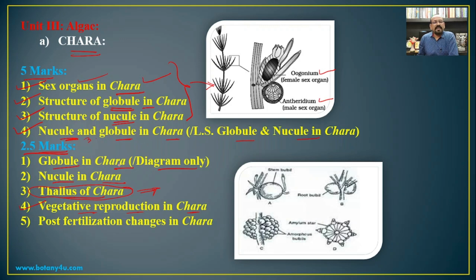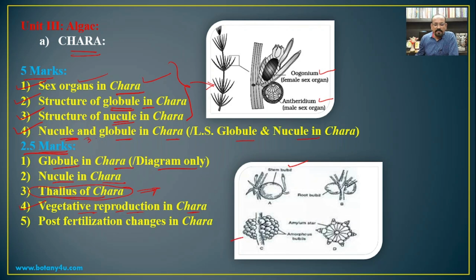No doubt, sexual reproduction in Chara is advanced oogamous, that is the development of the male sex organ and female sex organ, the globule and the nucule that we have seen. Again, there are different methods of vegetative reproduction in Chara that we have to provide. That is by the development of bulbils, which are developed either from the stem or the root.